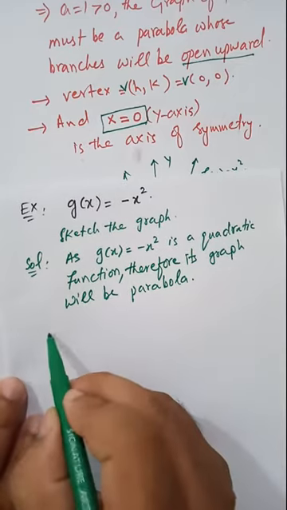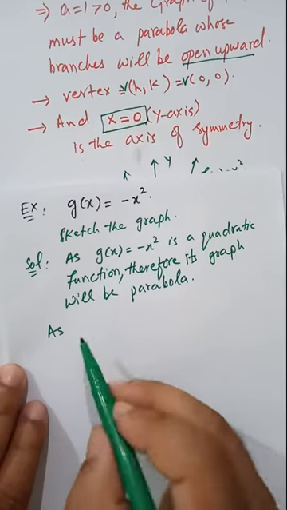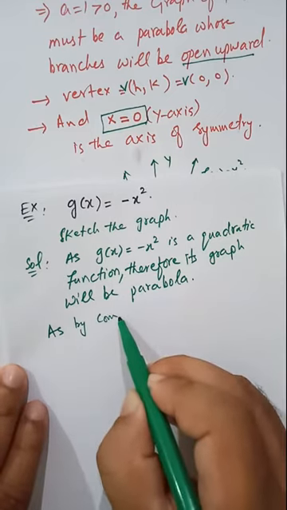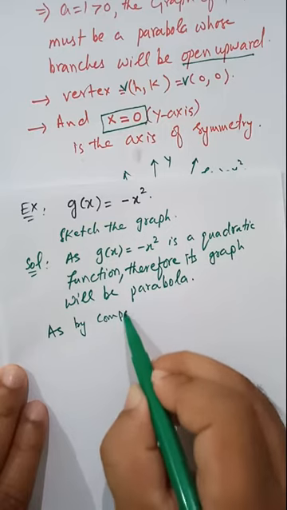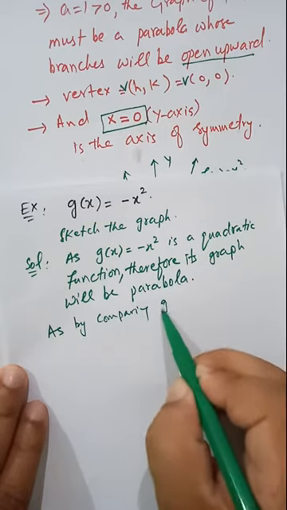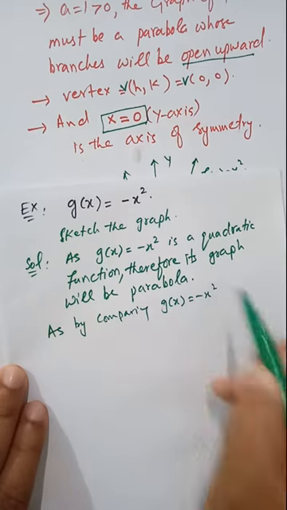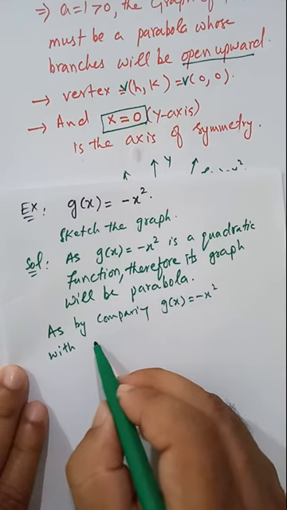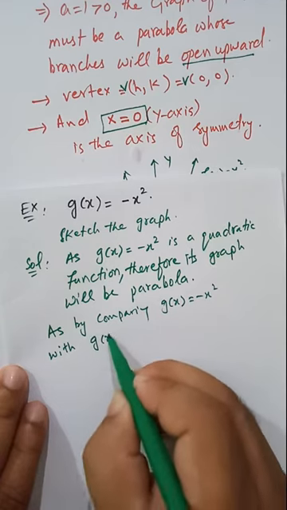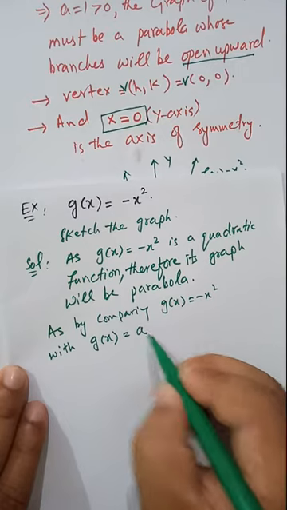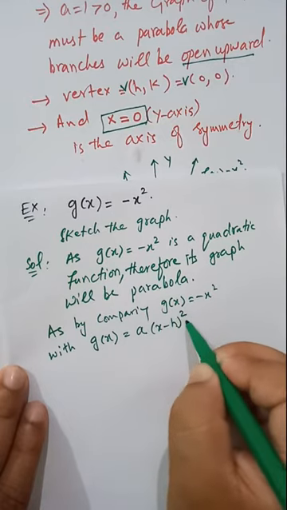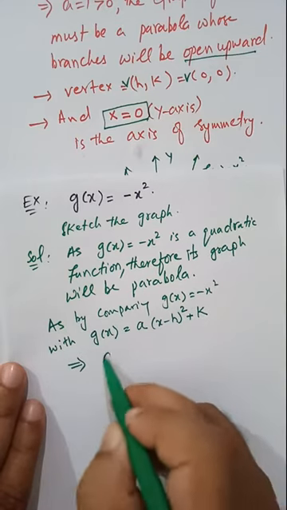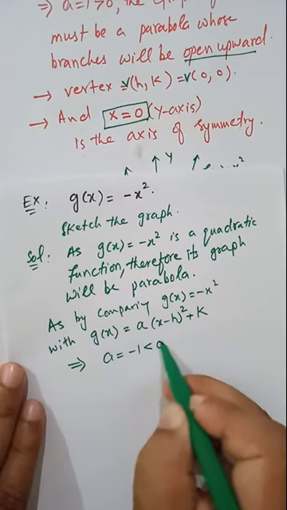So by comparing g of x is equal to minus x square with the standard form, which is g of x is equal to a into x minus h whole square plus k, this implies that a is equal to minus 1, which is less than 0.